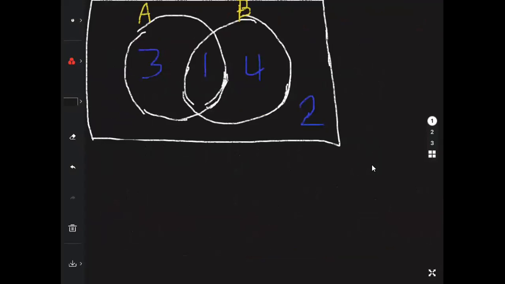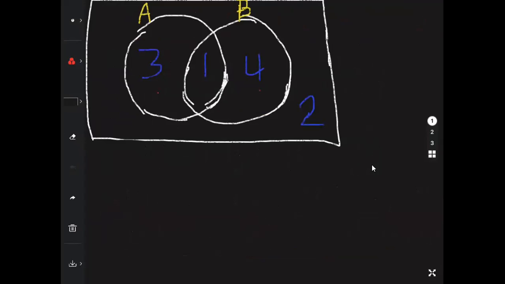So here we go. We've got that data on the Venn diagram here. So we've got our A circle on the left here and our B circle on the right here. And remember, this one here falls into both A and B. We've also got two values outside that don't fall into A or B category.